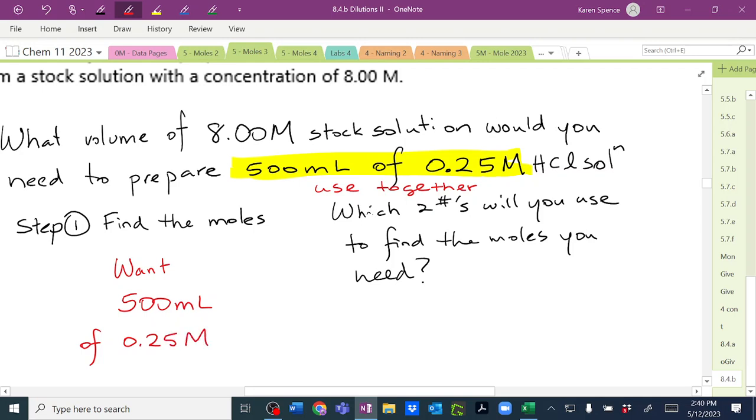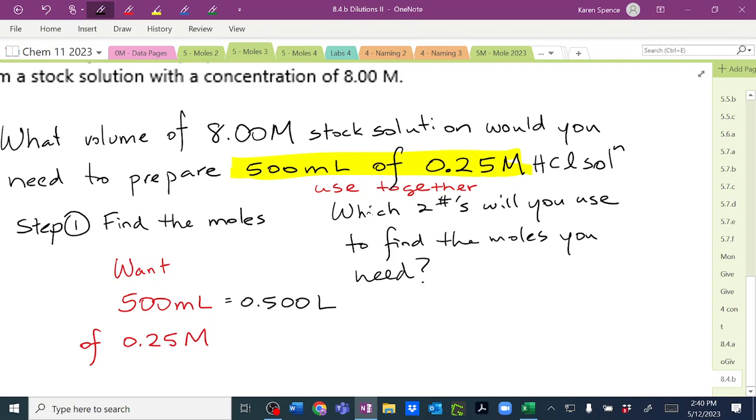What should I rewrite 500 milliliters as? 0.500 liters. And if you're given a round number like 500, you can assume that it doesn't just have one sig fig, because that's ridiculous, right? You'll be making it up in a 500 milliliter volumetric flask, which probably has lots of sig figs.